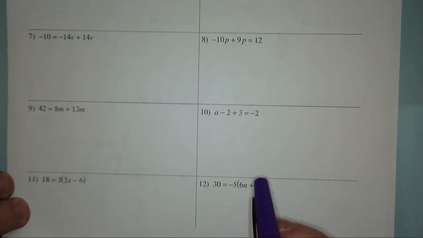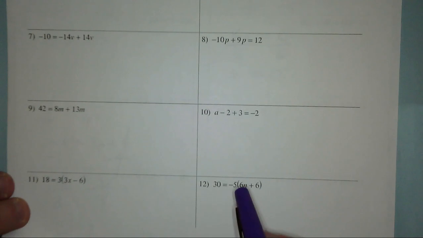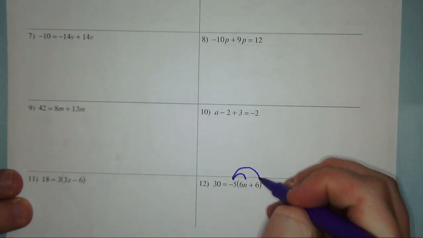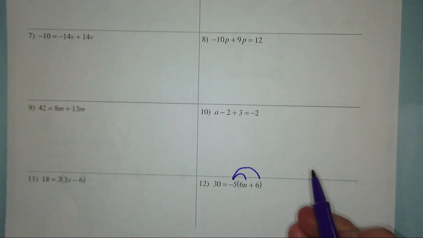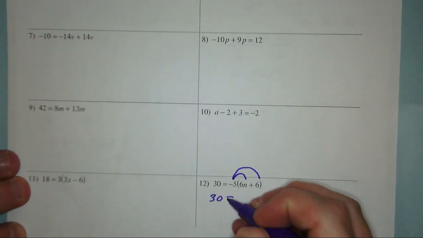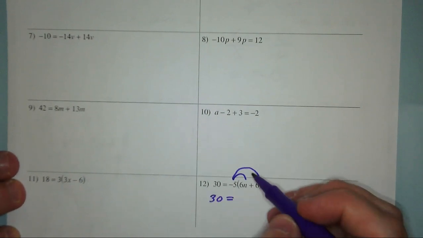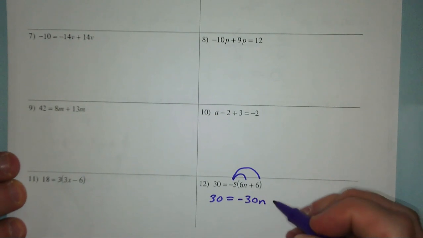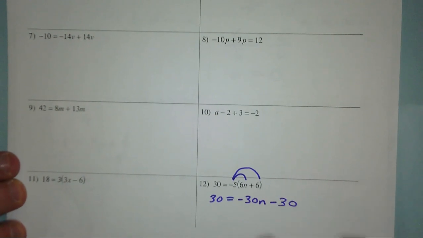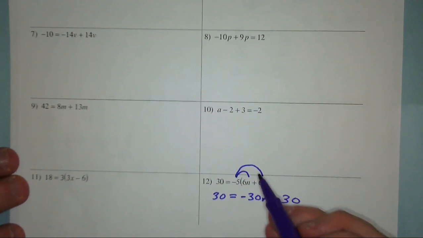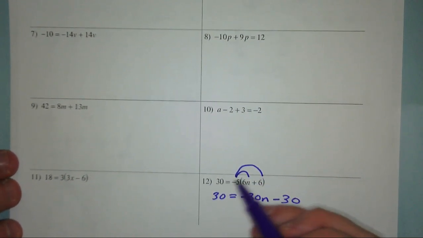So if I were to ask you, what's the first thing we want to do in number 12? You should say, we want to distribute. Clearing bubbles is a very high priority. So in number 12, the first thing you'd want to do is distribute the negative 5 to clear the bubble. So you would have a negative 30n minus 30, and then you would continue. But clearing bubbles, clearing parentheses with the distributive property is a very high priority.